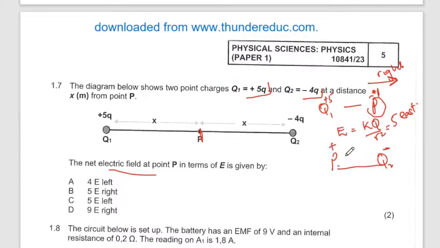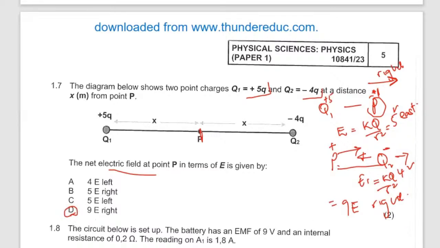So there's going to be attraction, which means the force is still acting on P to the right. So my E is kQ/r². The Q is a 4. So if it's a 4 to the east, the net is going to be this 5 plus the 4, which must give me 9E to the right. Okay, 9E to the right, which is E.